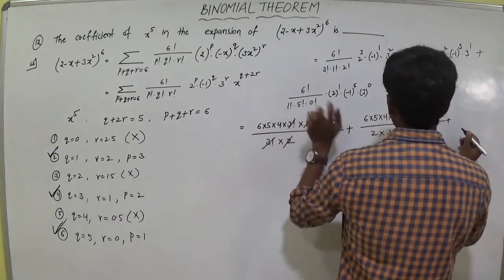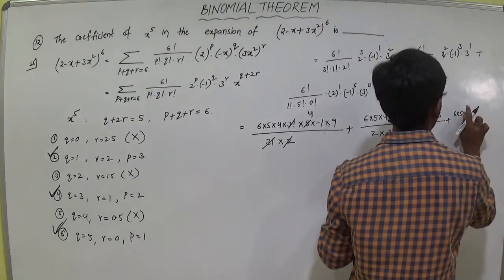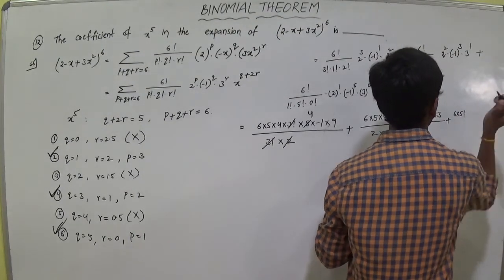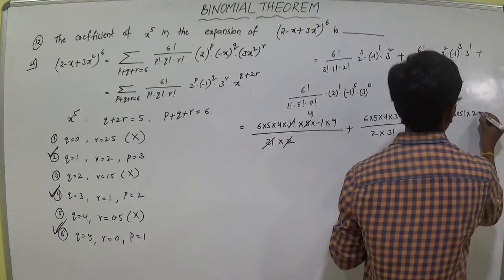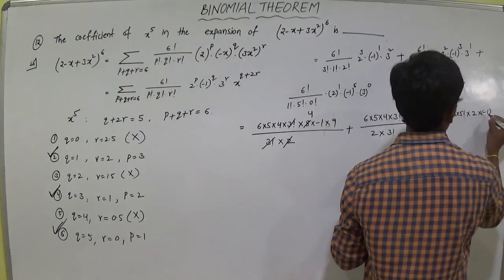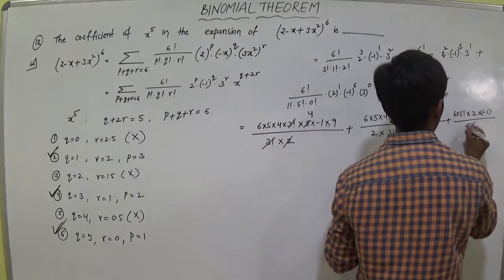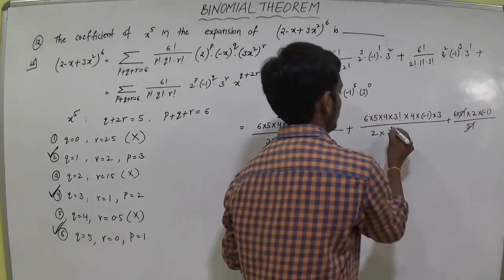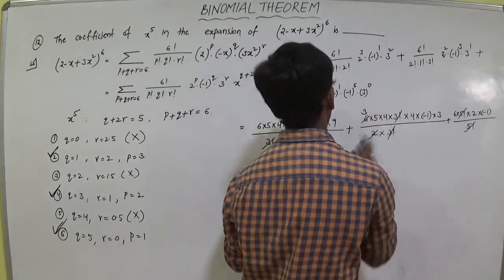Plus here 6 factorial, 6 into 5 factorial, into 2 power 2 into minus 1, divided by the denominator, 5 factorial cancels, 3 factorial cancels, 6 cancels by here 3 times.